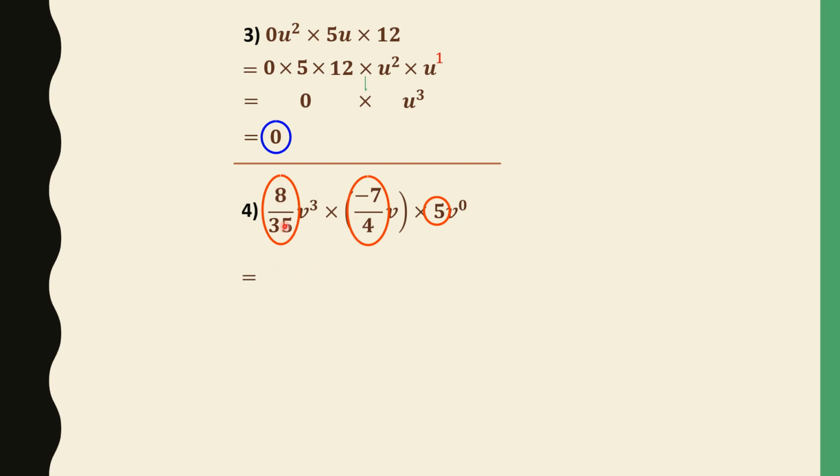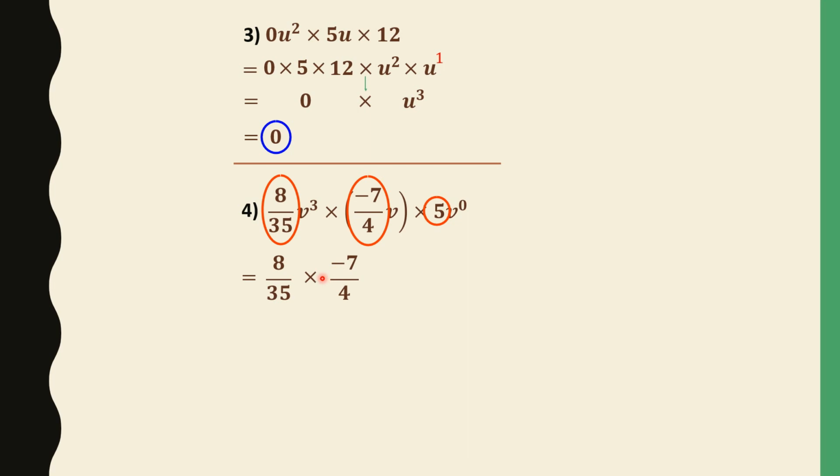Equals, now we gather or group the coefficients next to each other and the same variables next to each other. Here we have only one variable v, so it's easier to group. So we copy 8 over 35 times negative 7 over 4. Here we don't have to put parentheses because here the negative sign is for the numerator.